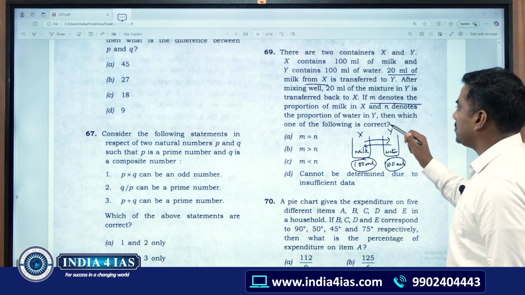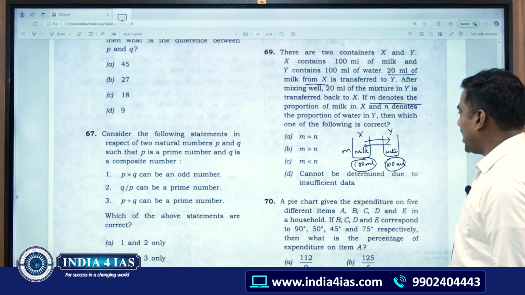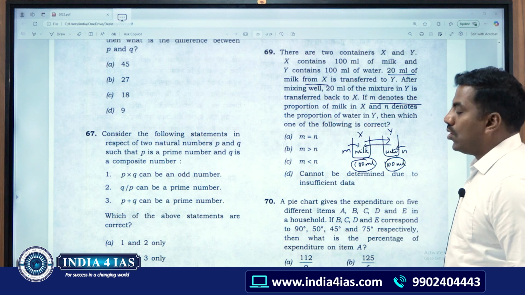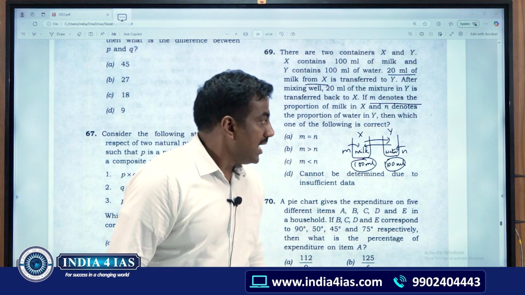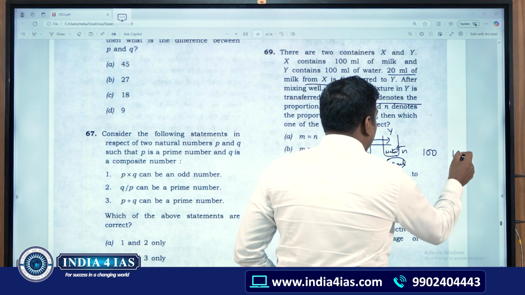If M denotes the proportion of milk in X and N denotes the proportion of water, anyways both will be having 100 ml and 100 ml.